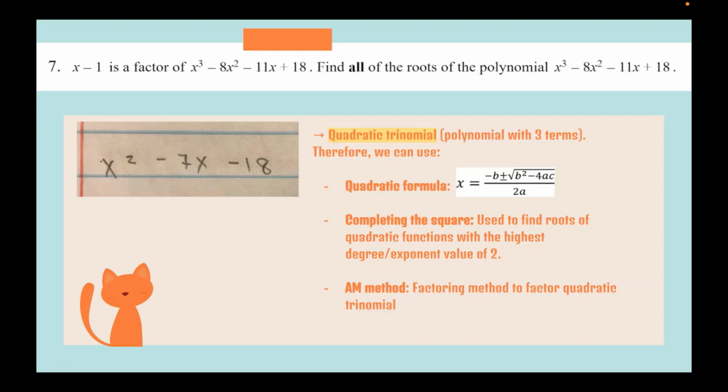We can also use completing the square, which is used to find the roots of quadratic functions with the highest degree or exponent of 2. And we can also use the AM method, which is a factoring method, to factor quadratic trinomials. Out of these 3 methods, the simplest method would be the AM method. So let's begin.